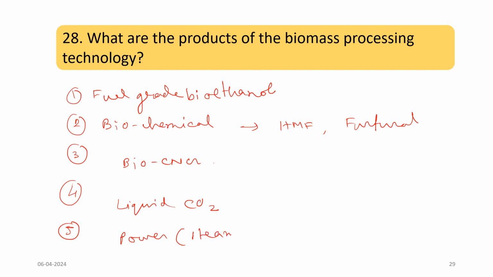If we use steam as power in every industry, the cost will be much reduced, and the steam can be reused in the production industry itself, so it will not be wasted, right? And the last one is biofertilizer. So these are the products of the biomass processing technology.